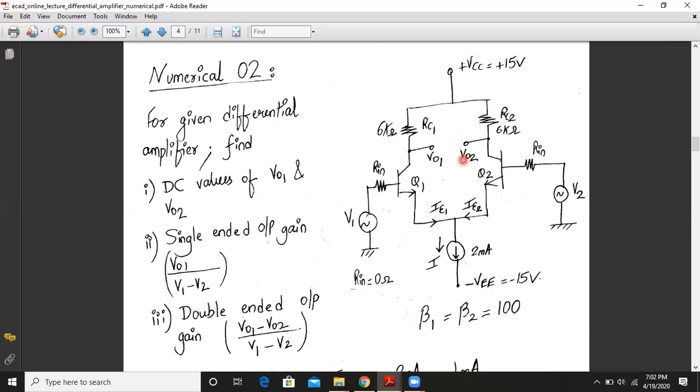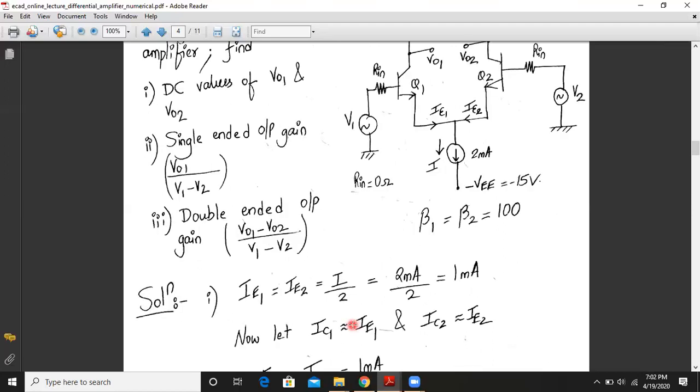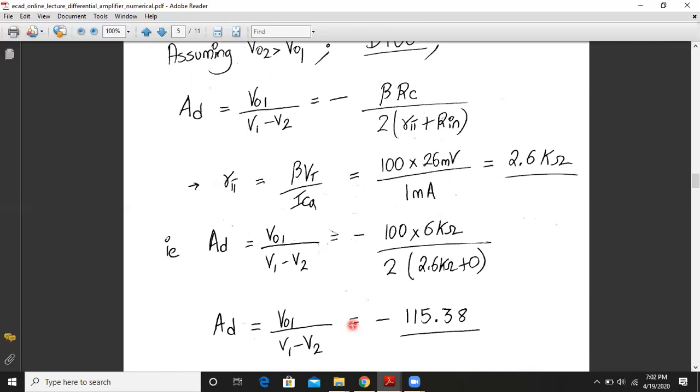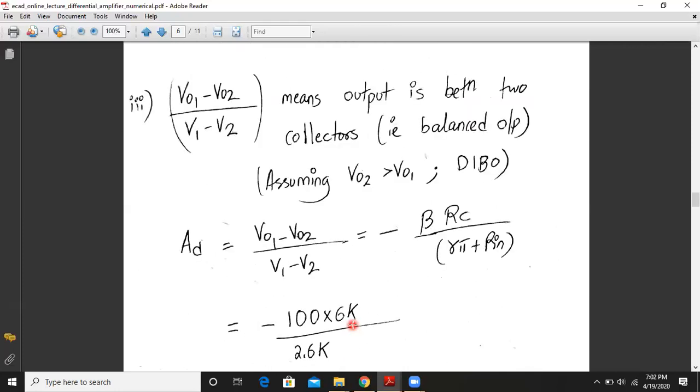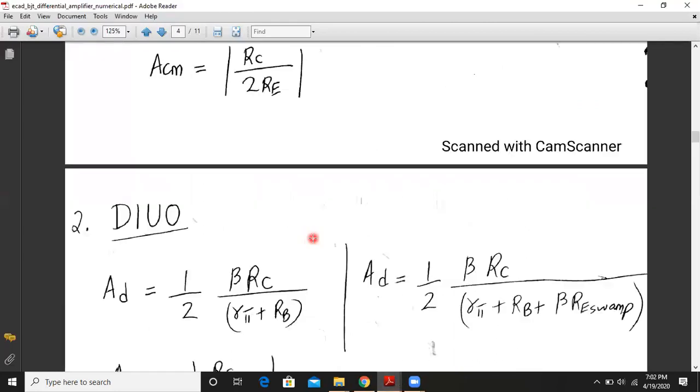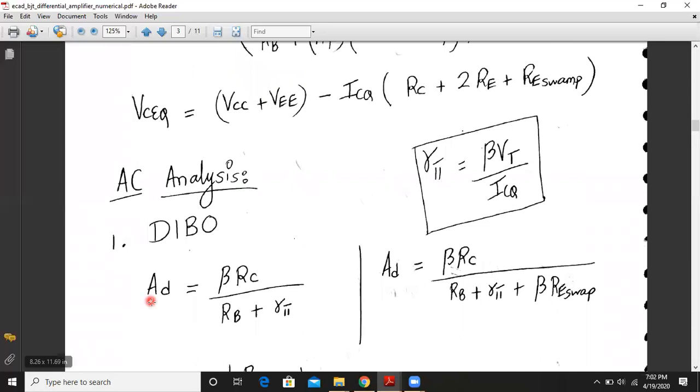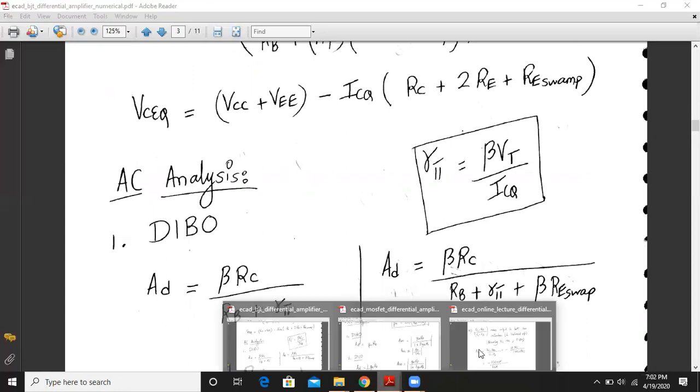So the configuration becomes DI-BO. Now the formula of DI-BO, let us check. For DI-BO, the formula is beta RC upon R pi plus RB. So let us go back to our numerical.